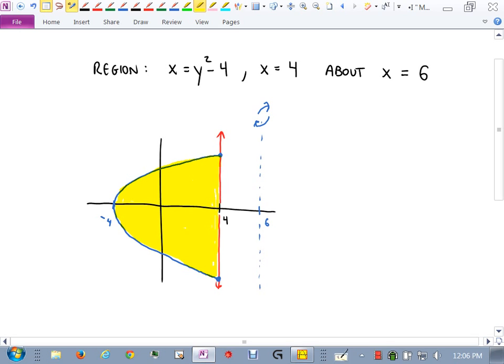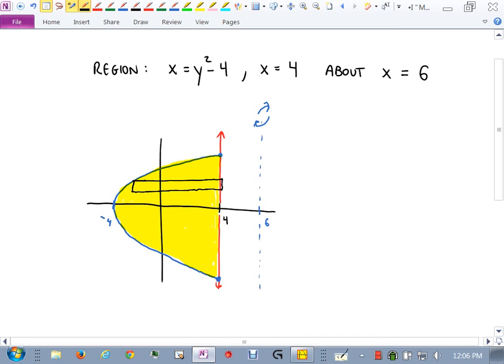What's different here? Your rectangle cannot be vertical, can it? Because your top and bottom would be the same parabola, and that's just not going to happen. So your rectangle has to be horizontal. So my rectangle is going to come in here. It's going to be like this.